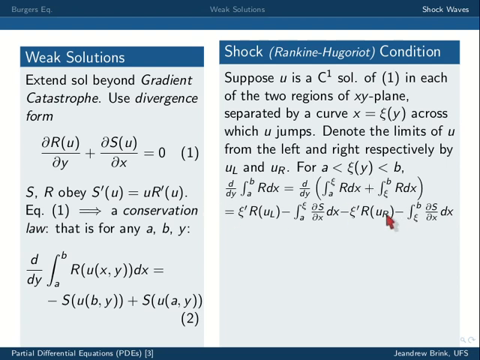Okay, so here is where it gets tricky. Remember, c is on the boundary, but c depends on y. So if you take the derivative of something where the boundary depends on y, you first take the derivative of the boundary and evaluate the thing on the boundary.